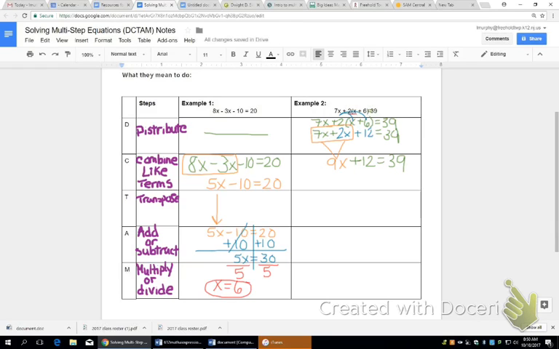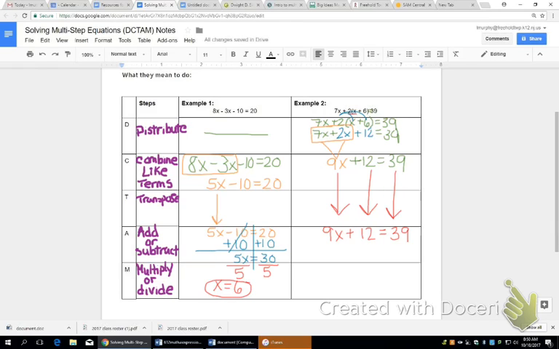Again, I don't need to transpose this because it is my answer. My number by itself, my constant by itself, is in the answer spot. So we can just, once again, move all of this down to our next step, which is add or subtract. So 9x plus 12 equals 39.